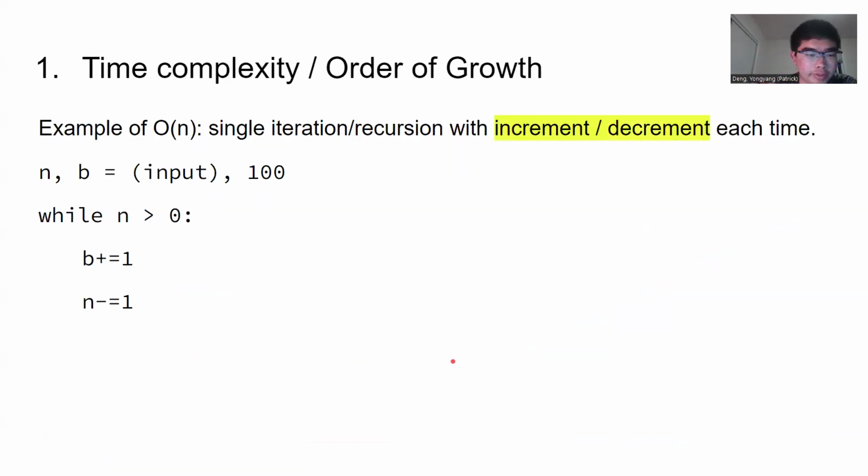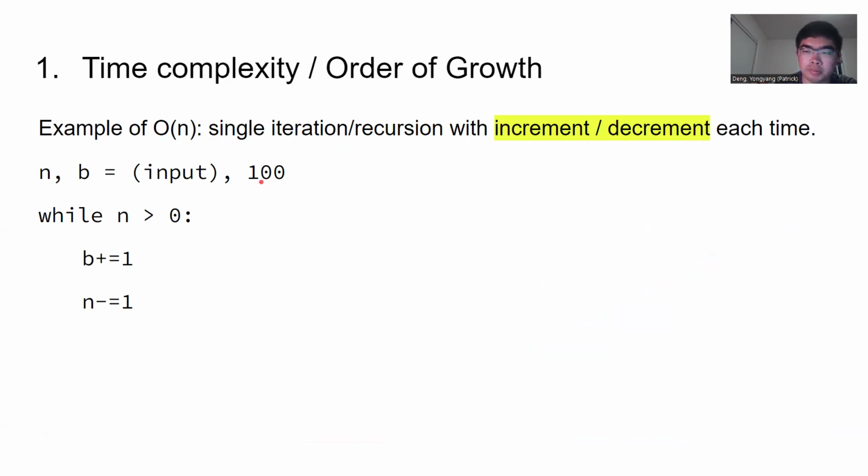Examples of linear are a single while loop, a single for loop, or a single aggregate recursion or tail recursion with increment or decrement. Increment or decrement here means you do plus equals 1 every time for the counter, or minus equals 1 every time. Also, the counter must be an input.